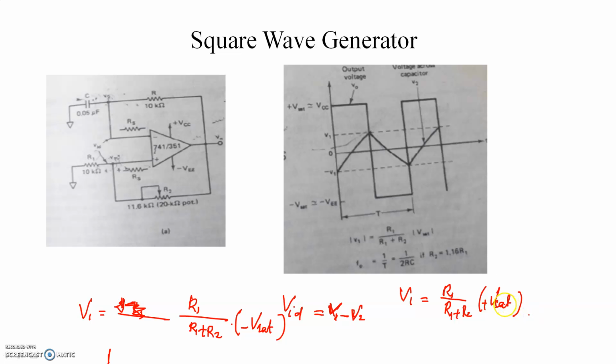The time period T of the output waveform is given by T equals 2RC log of (2R1 plus R2) divided by R2. By taking the reciprocal, we can find the frequency of the output. This is the op-amp square wave generator.